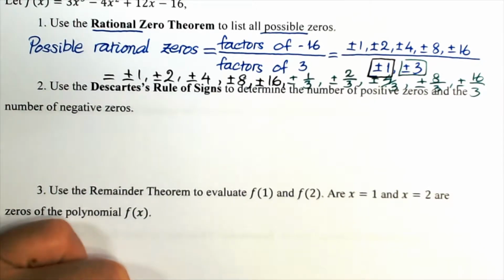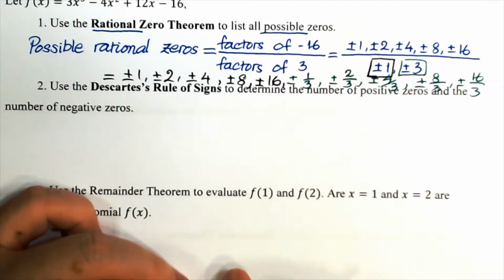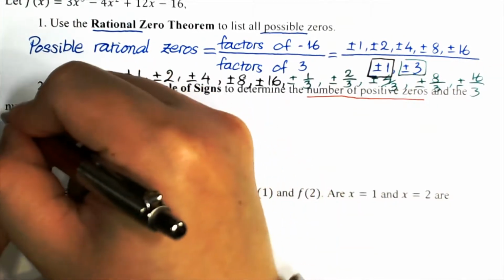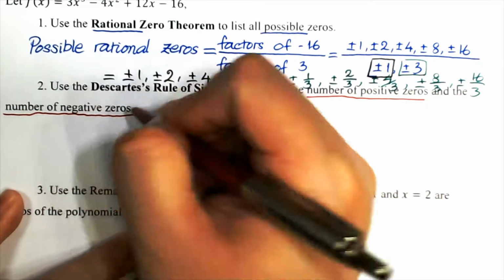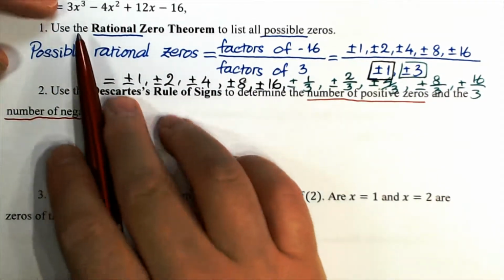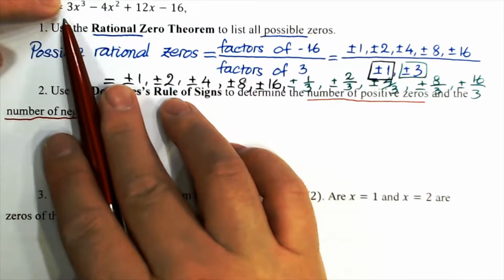Alright, next we use Descartes' rule of signs. This will tell us the number of positive zeros and the number of negative zeros. To do that, we just count how many times the coefficients change sign.